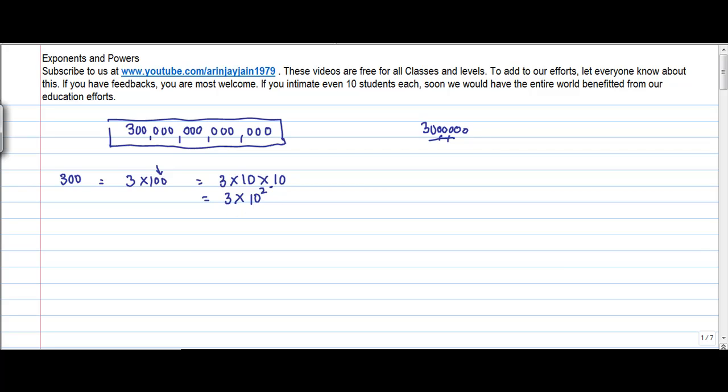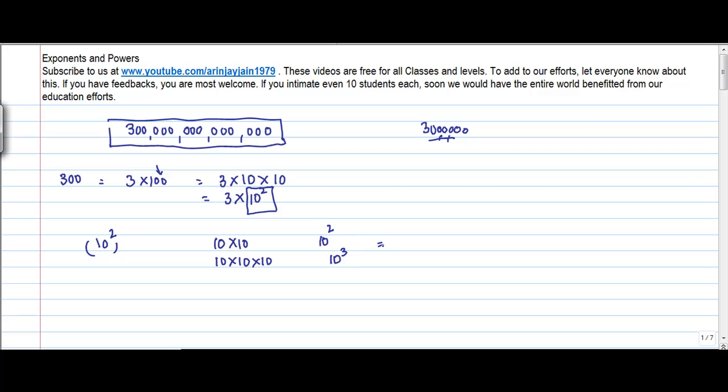Now, when you convert this into this form, 10 to the power 2, what does this mean? In this case, these terms which are written as 10 into 10 say 10 was coming 2 times, so you write it as 10 to the power 2. If 10 was coming 3 times, you would have written 10 to the power 3.